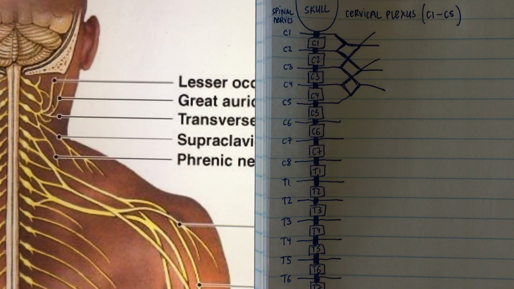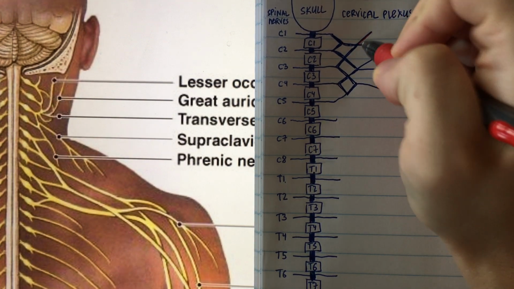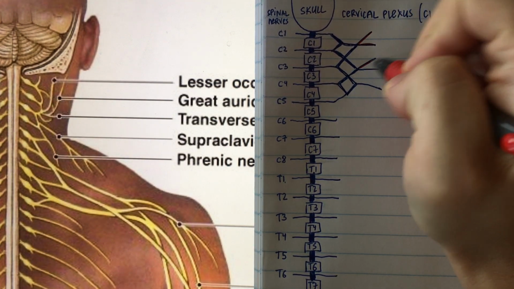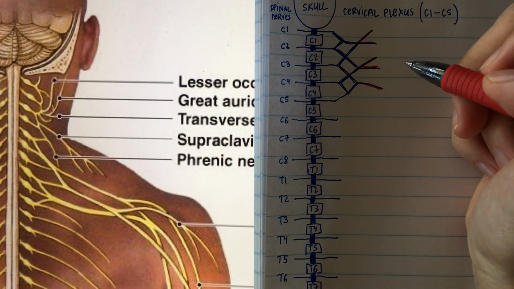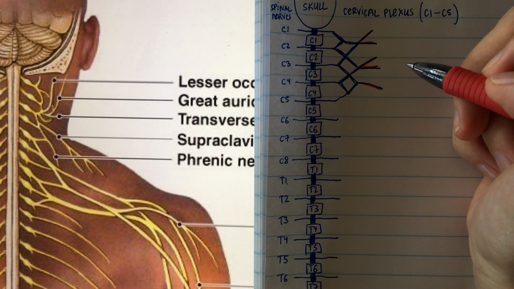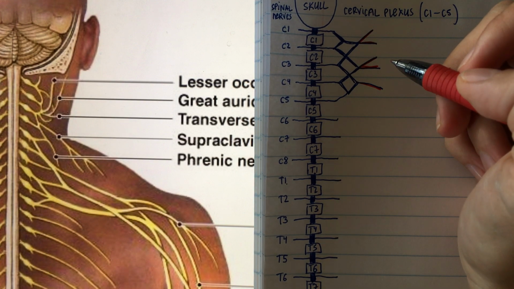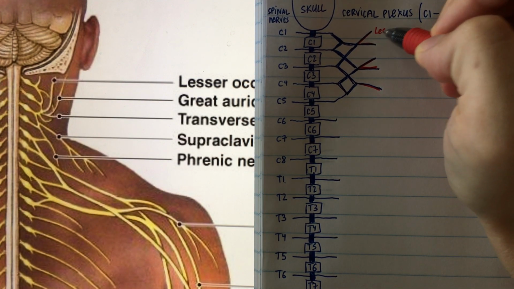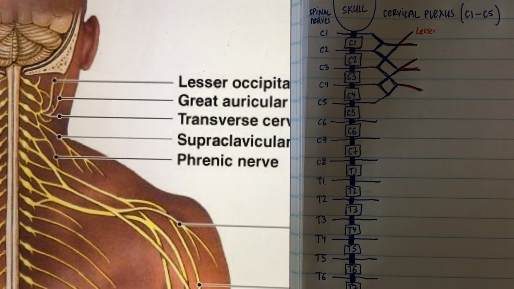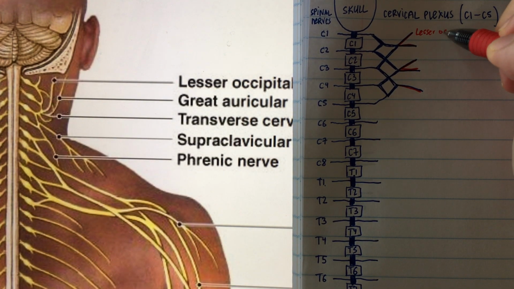I'm going to grab a different color pen to show you the difference. So these are going to be the nerves. These are the nerves that will connect to different body parts. So for example, there's going to be a nerve called lesser occipital nerve.